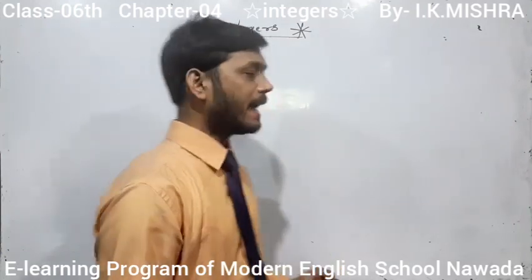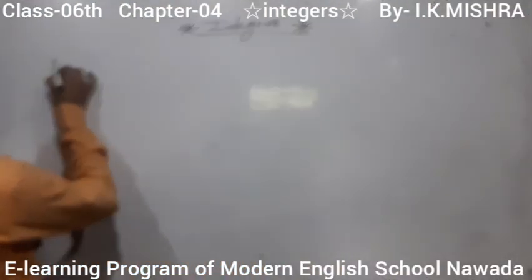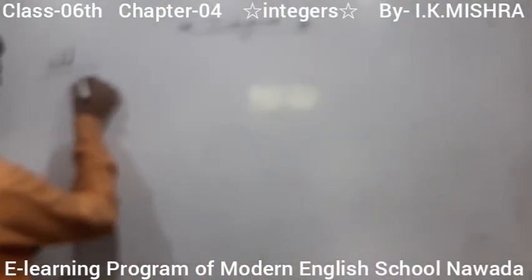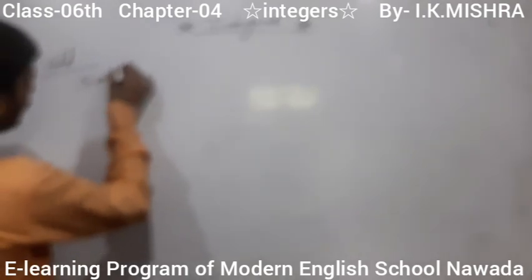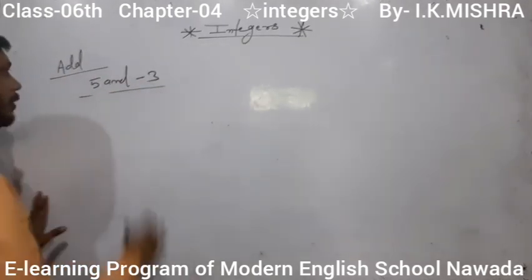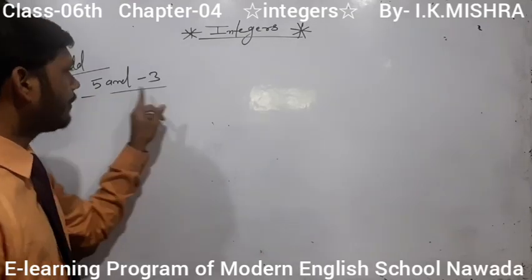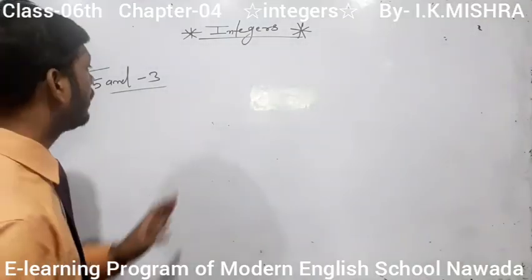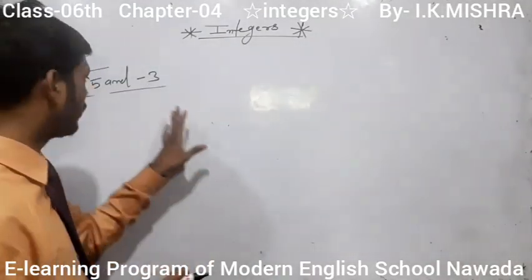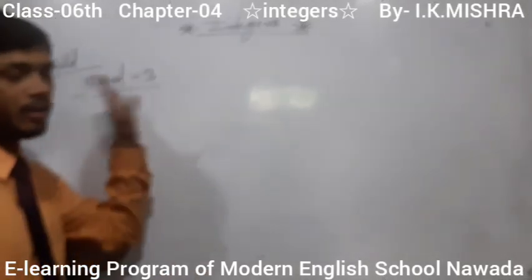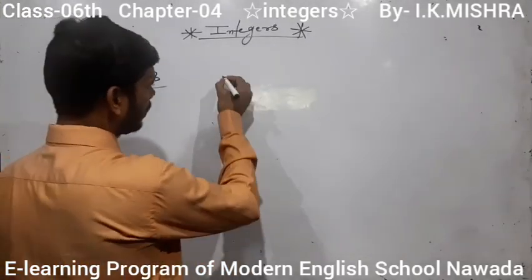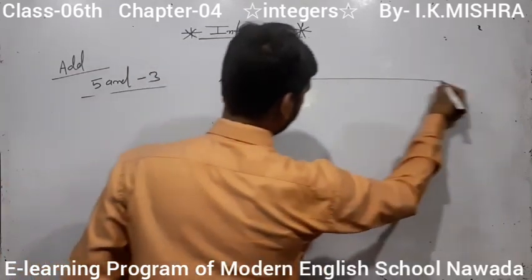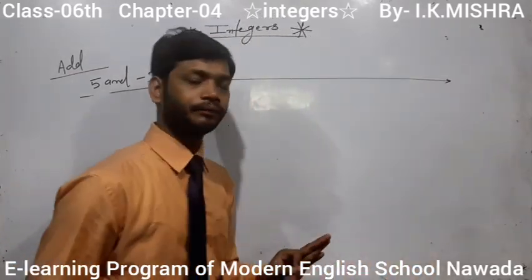Suppose you have to add 5 and -3 on a number line. Representation of this addition on the number line: first of all, draw a number line.